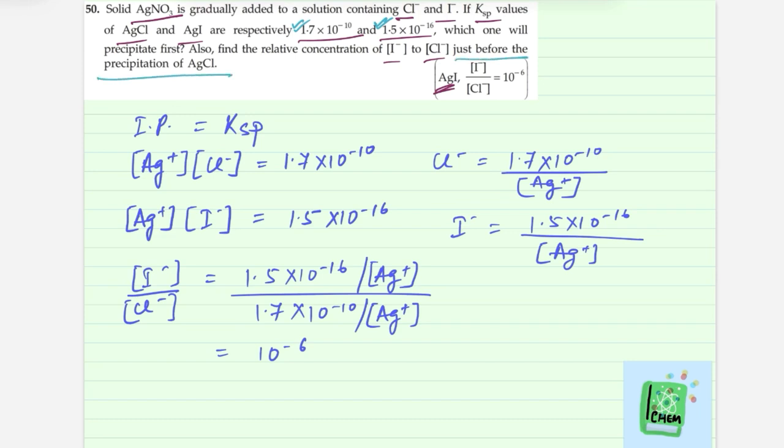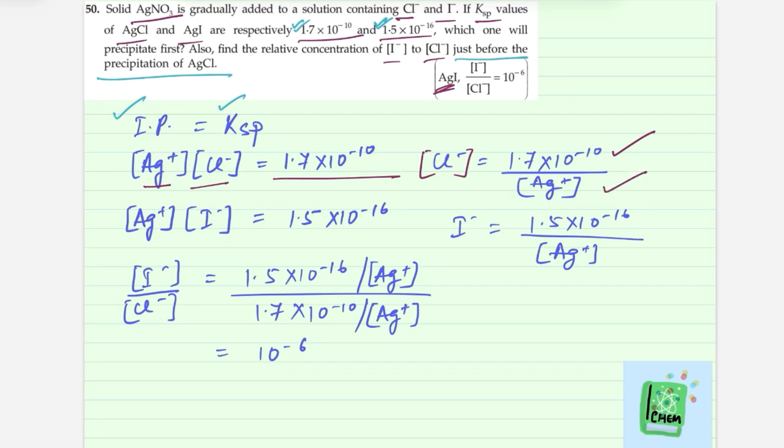Now just before precipitation, ionic product is equal to solubility product. So concentration of silver ions multiplied by concentration of chloride ions is equal to solubility product of silver chloride. From this, concentration of chloride ions will be equal to solubility product of silver chloride divided by concentration of silver ions.